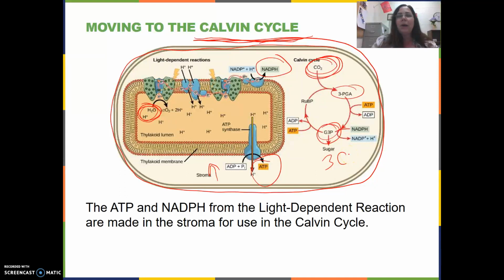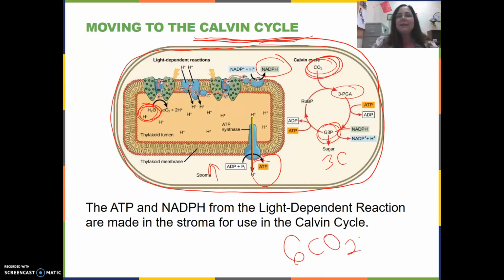So what has to happen in the Calvin cycle is that it has to occur 6 times. If you remember in the overall equation, it starts with 6 CO2 molecules.